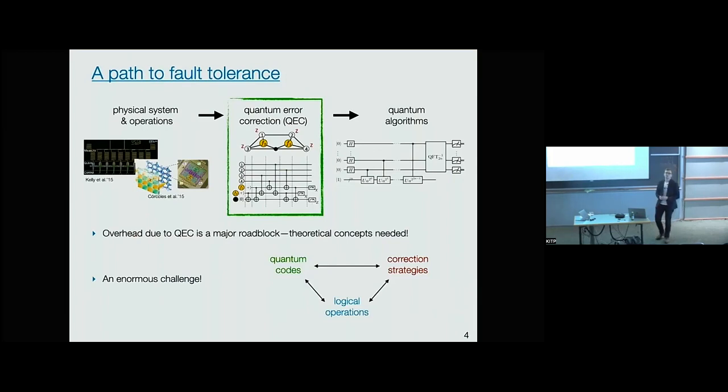For instance, yesterday we heard in Eugene's talk how to do error correction with LDPC codes. And lastly, we're not only after correcting errors, we actually want to implement some logical operations. And in the talk, I will not be talking about logical operations. I will focus on codes and correction strategies.